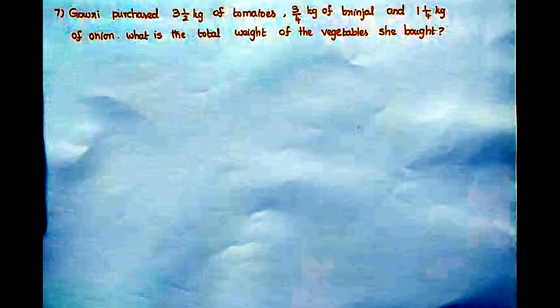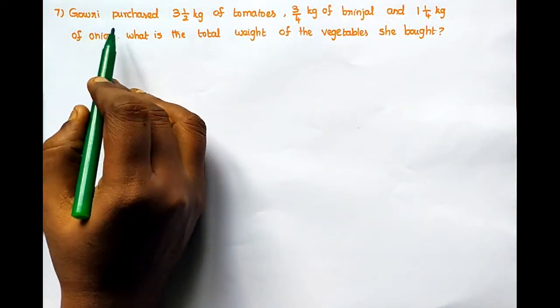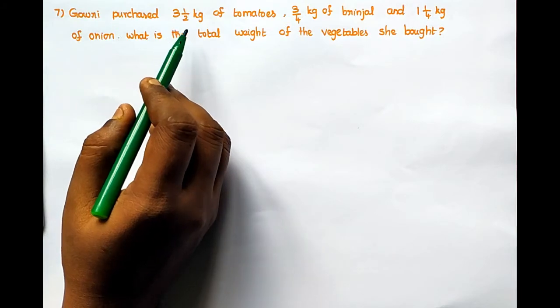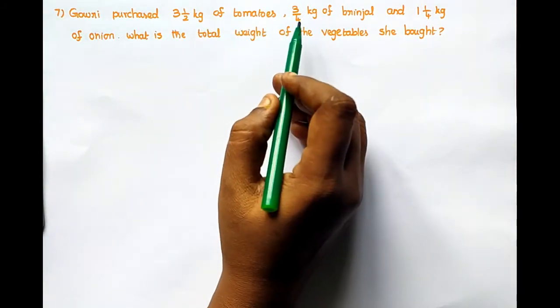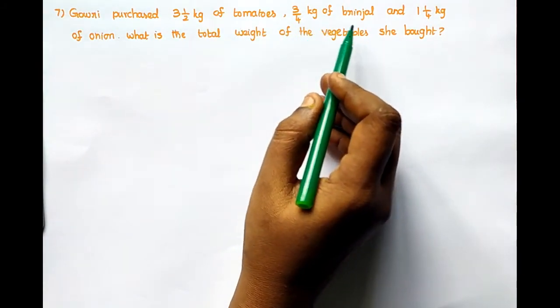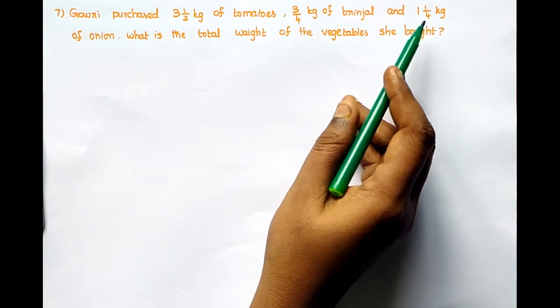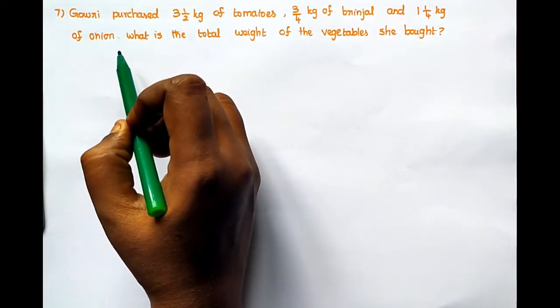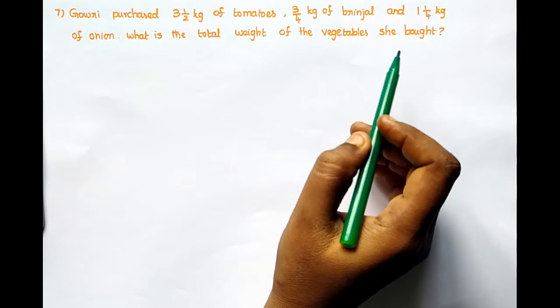That is the answer. Seventh sum, Gauri purchased 3 1 by 2 kg of tomatoes and 3 by 4 kg of brinjal and 1 by 4 kg of onion. What is the total weight of the vegetables she bought?